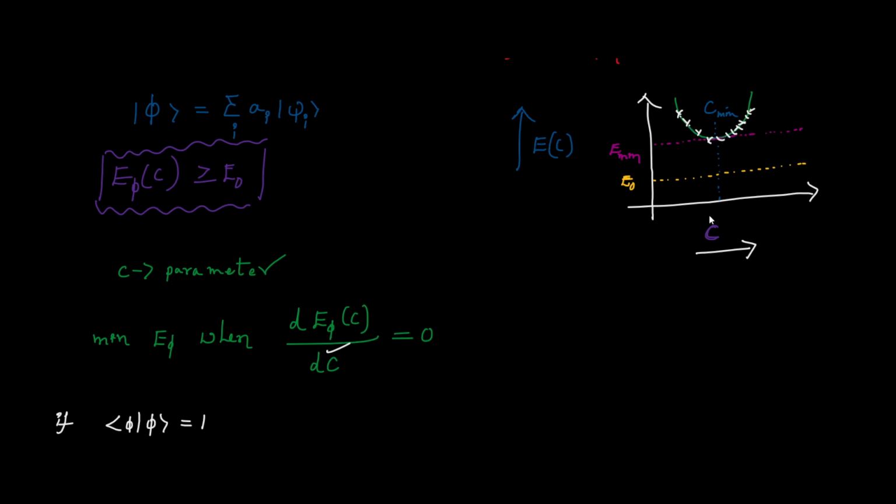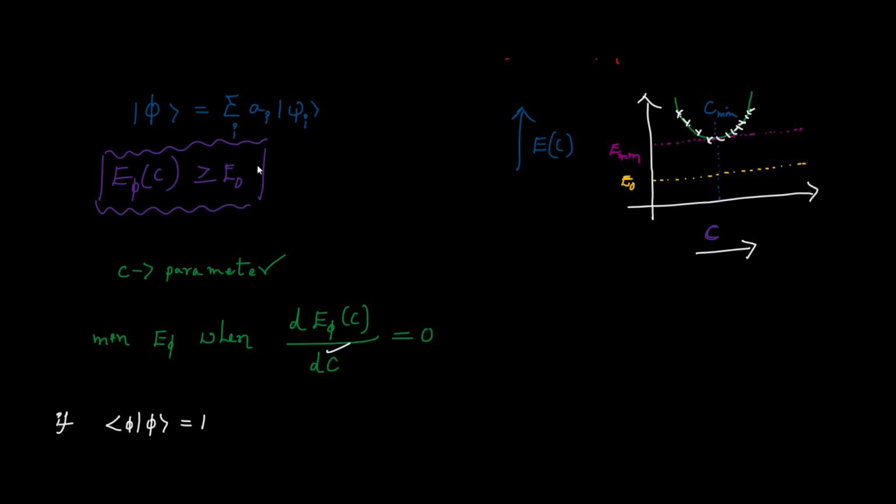If you minimize this energy with respect to the adjustable variable, you get the adjustable values, then you can substitute these values into the expectation value of the system. Then you get one number.